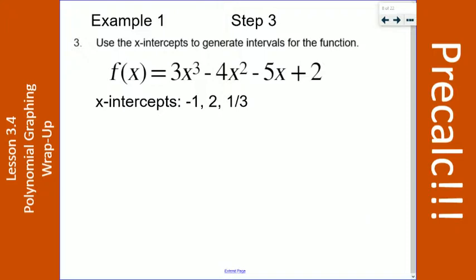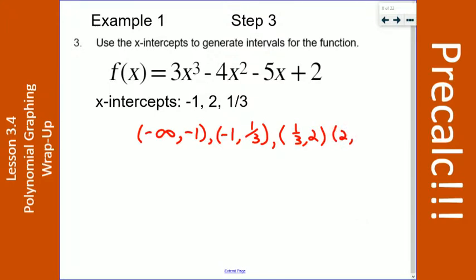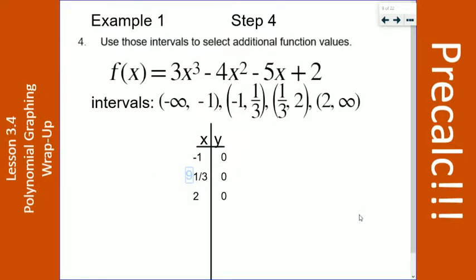So we start at -∞ to -1, -1 to 1/3, and then 1/3 to 2, and then 2 to positive infinity. Okay? So from there, we have generated our intervals. So then we move on to step 4.